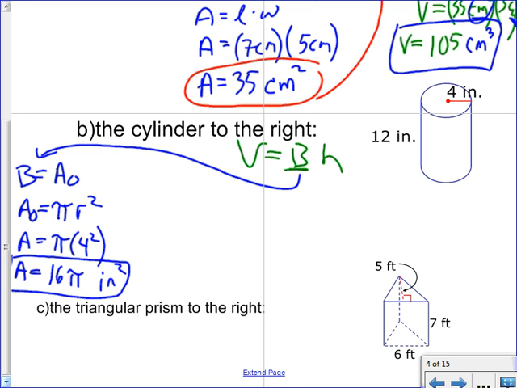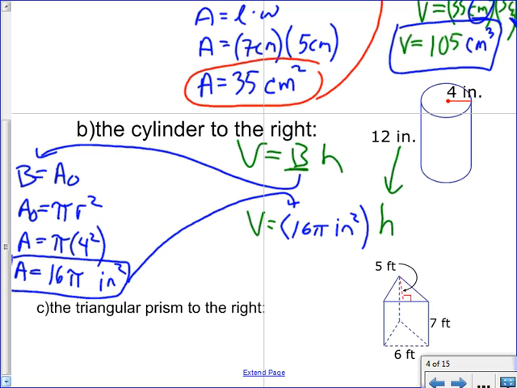Now that I have that, I will come back here and I will plug it in right here. Base is 16 pi inches squared. And I will bring the rest of my formula down. Volume equals the area of the base, which we've already found, times the height, which we will replace with 12 inches in the next step. Okay?